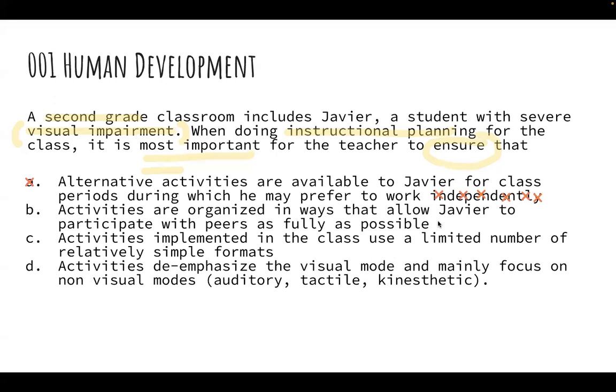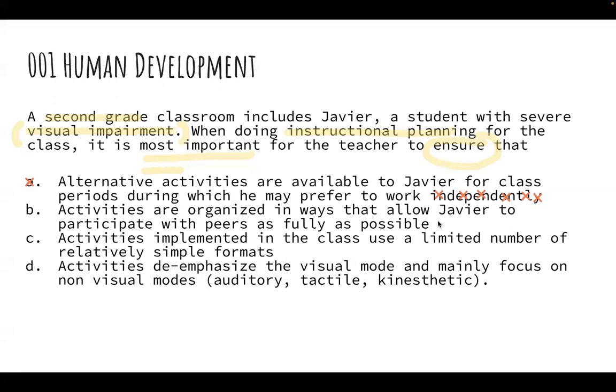Because we know he's special ed, because he's visually impaired, which means he's in the special ed program, we know that all students, especially special ed students, must be, it is mandated by law, in the least restrictive environment for all learning activities.